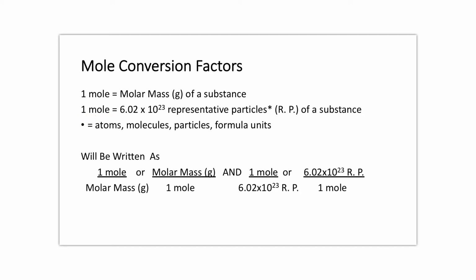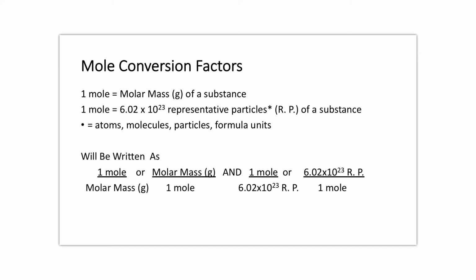The mole is also equal to 6.02 times 10 to the 23rd representative particles. Now, a representative particle means it could be an atom, a molecule, a particle, a formula unit, whatever, right? It's whatever the thing is, there are 6.02 times 10 to the 23rd of these things.